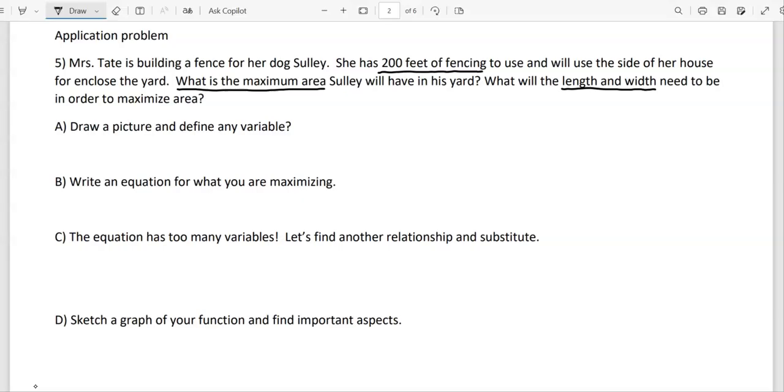Let's draw a picture. What will my picture have in it? A house. I'm going to do the side of my house, or the side of Miss Tate's house, okay? What else? A fence. Miss Tate is using one side of her house as that side of the fence. Tell me the parts of our diagram.